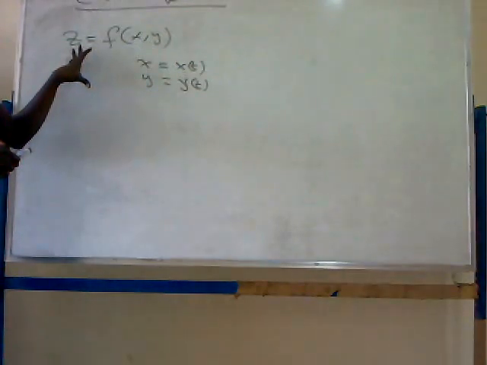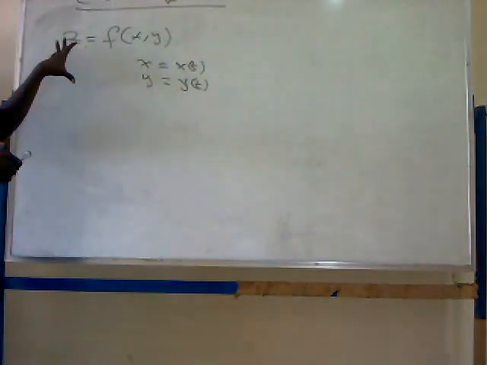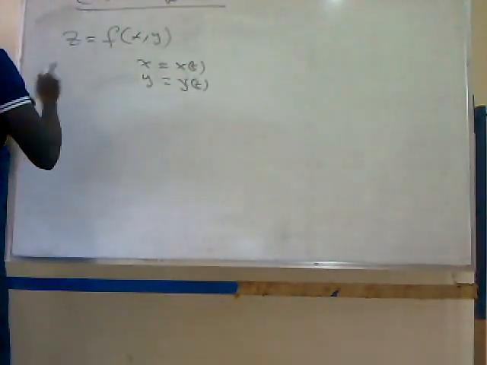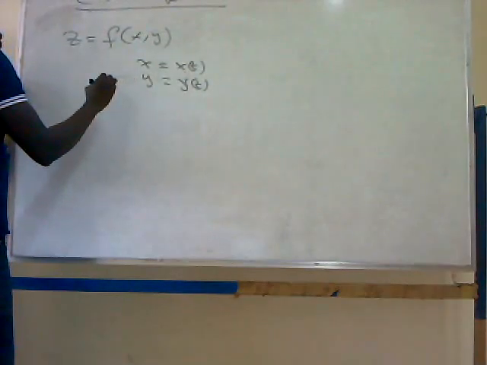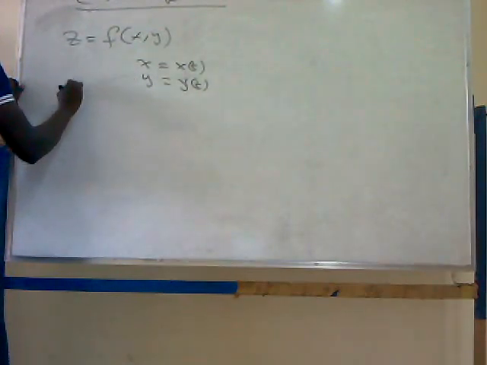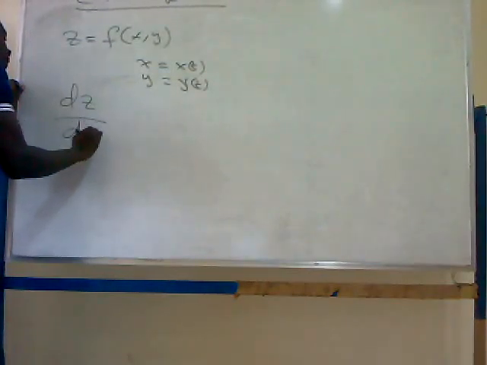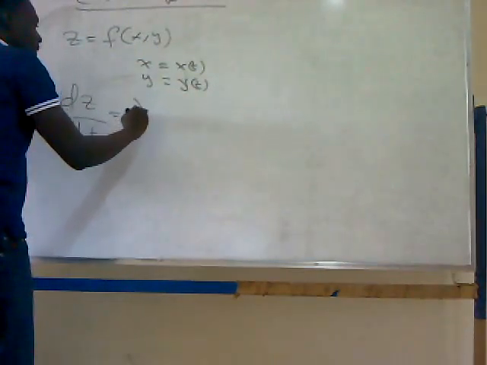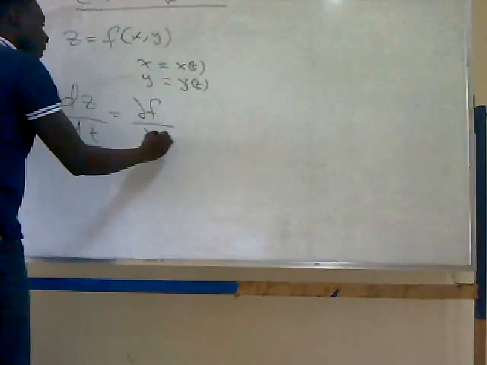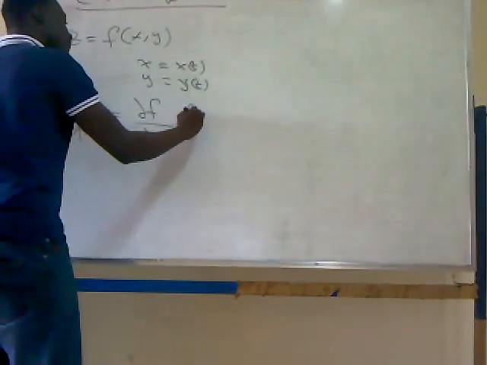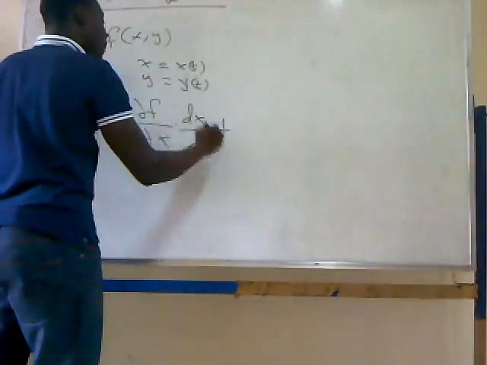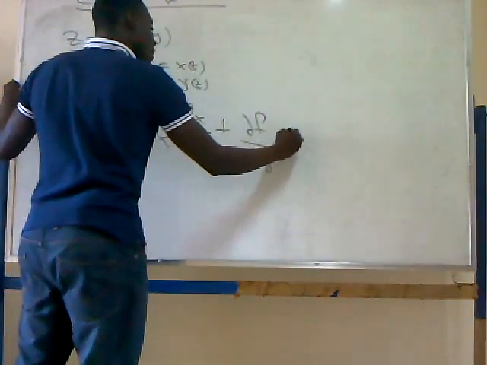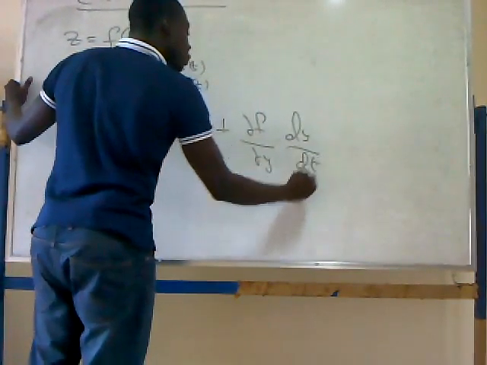z becomes a function of t. So we can look for dz/dt, and dz/dt is going to be, we differentiate f partially with respect to x multiplied by dx/dt, plus we differentiate f partially with respect to y and differentiate y with respect to t.